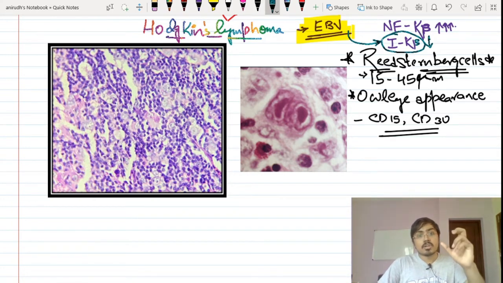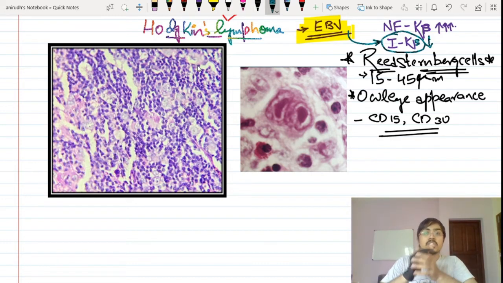Now, the basic histopathological feature of Hodgkin lymphoma is that you have Reed-Sternberg cells in an inflammatory background. Here you can see this is an inflammatory background, isn't it? You have a lot of lymphocytes, a lot of plasma cells, a lot of monocytes. These kind of mononuclear phagocytic cells can be present there, and plasma cells are also present.